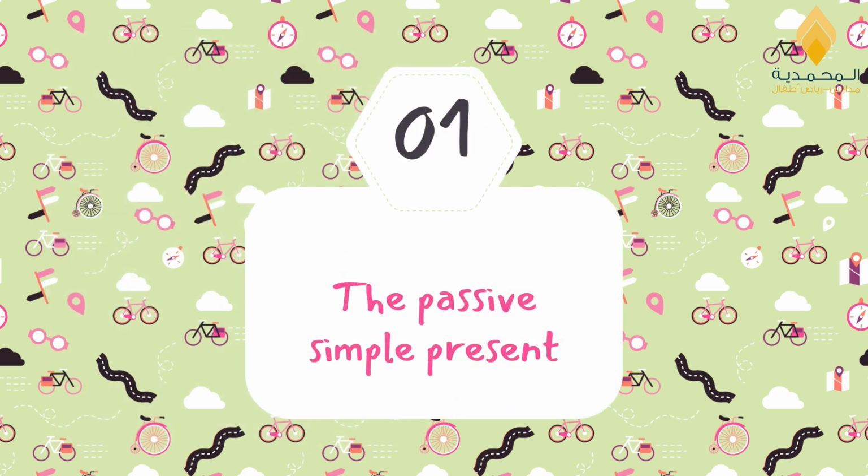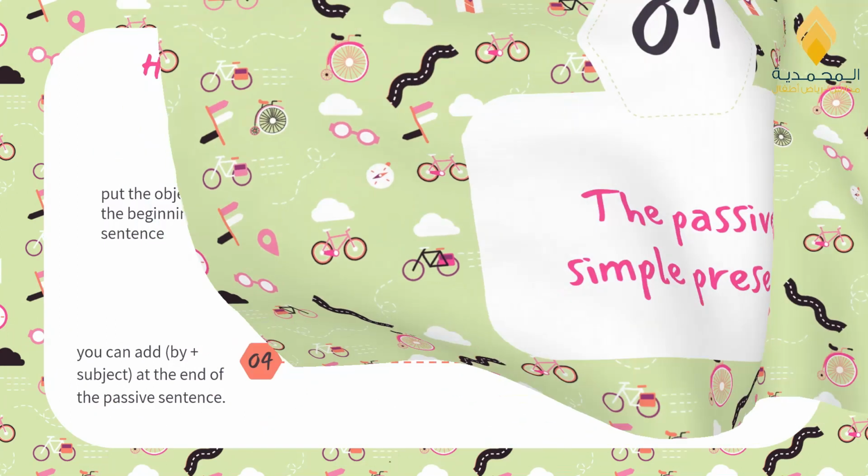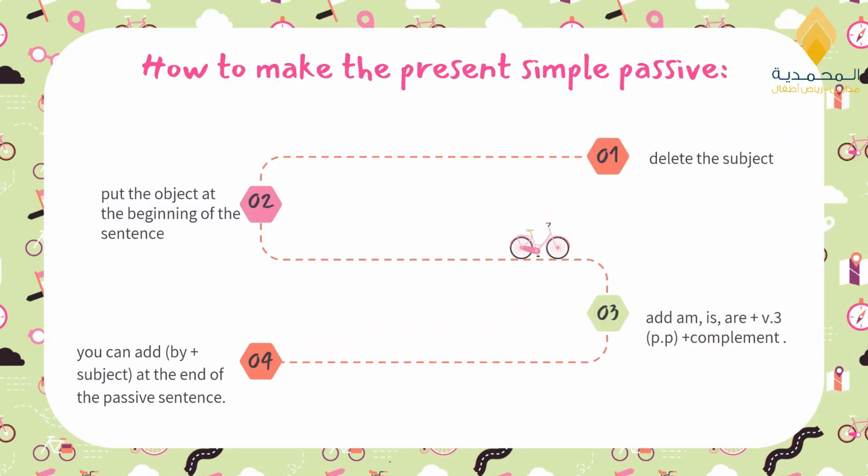Let's start with the passive simple present. Let's revise together the steps of making a simple present passive. The first step is to delete the subject. Step number 2, put the object at the beginning of the sentence.